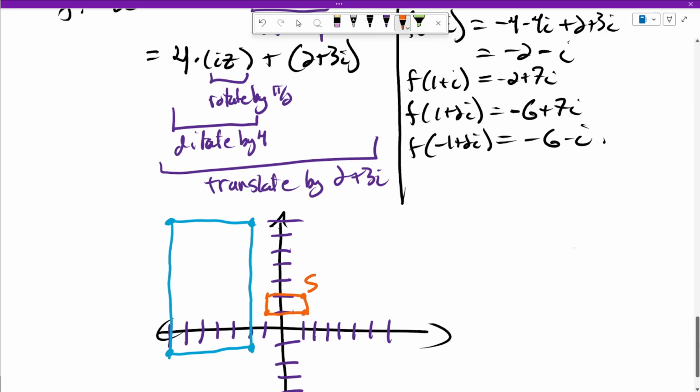So here's S, and here's f of S, which we'll call S prime, the image of S. Now, the claim is that if you rotate this rectangle by 90 degrees counterclockwise, and then you stretch it out by a factor of 4, and then you translate by 2 plus 3i, you're going to get this blue guy. And if you sit there and you do those steps, you'll find that that's exactly what happens.